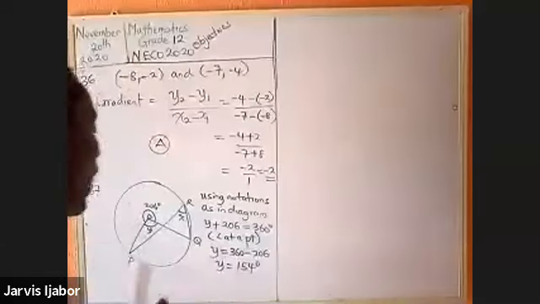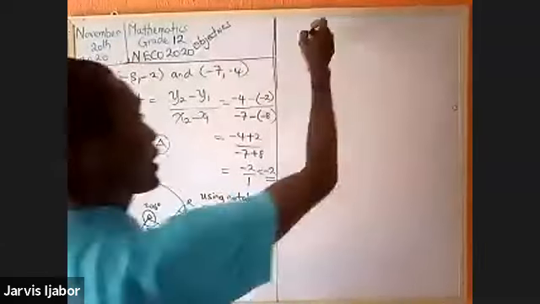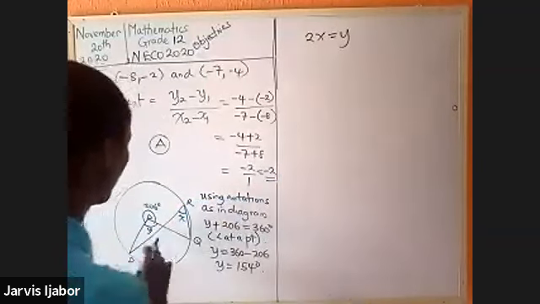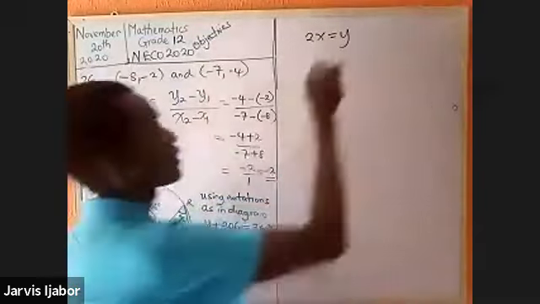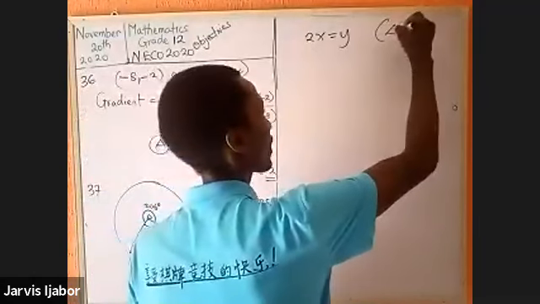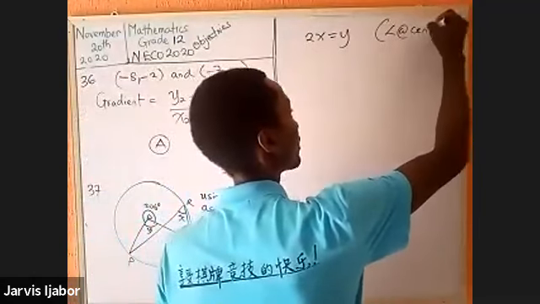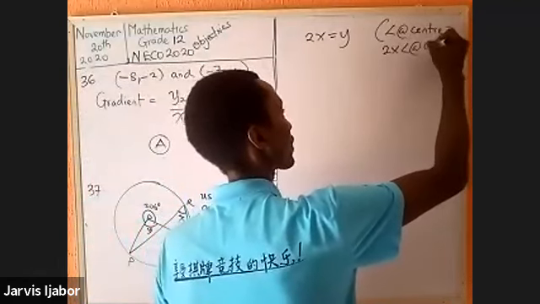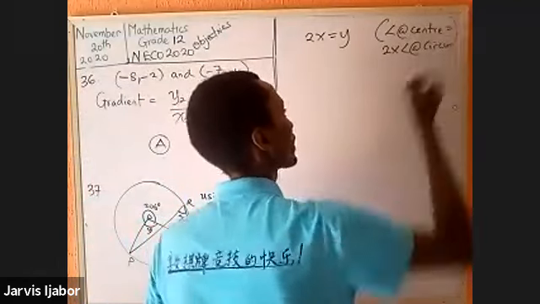Okay, so we have gotten Y. Now, 2x is equal to Y. What's the reason? Angle at center equal to 2 times angle at circumference.